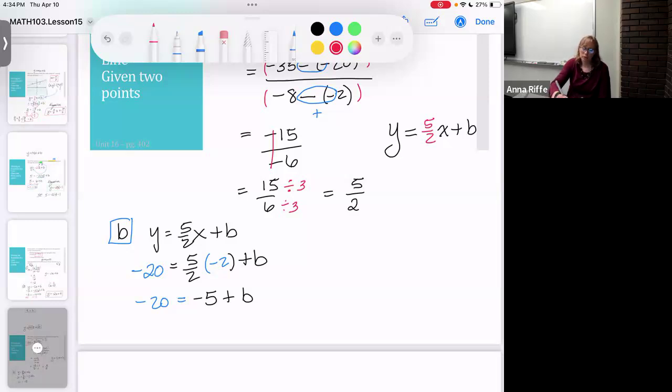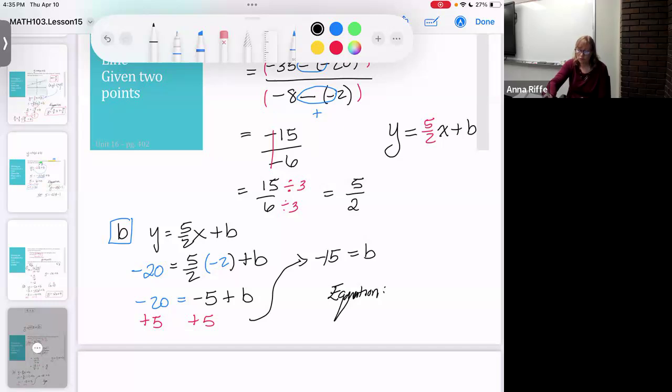I can now undo the addition. Add 5 to both sides because negative 5 plus 5 is 0. So that leaves me with 15 on the left-hand side, which is equal to b. And that is the second half of what I need to write my equation.